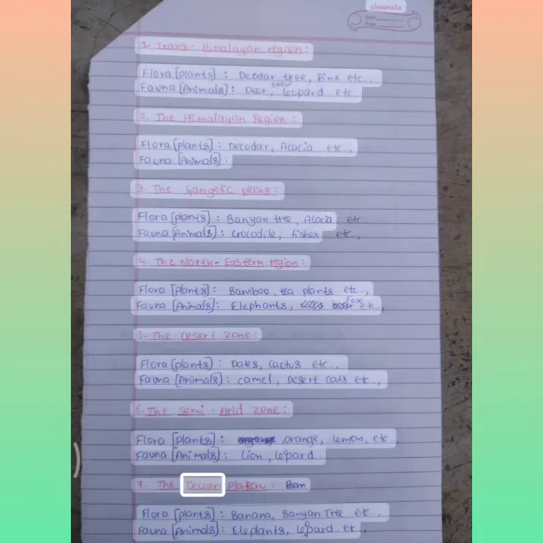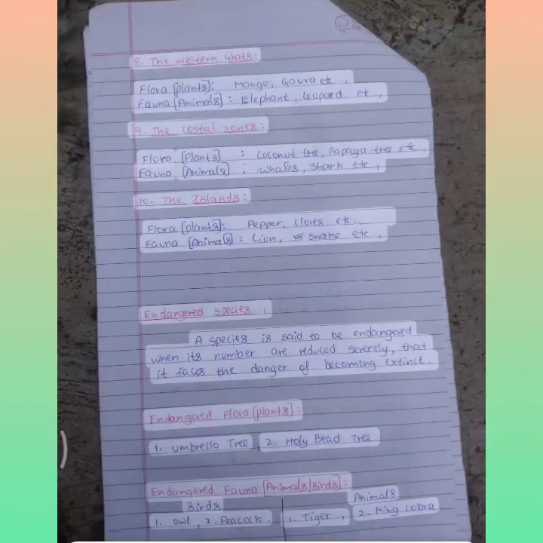7. The Deccan Plateau. Flora, plants: banana, banyan tree, etc. Fauna, animals: elephants, leopard, etc. 8. The Western Ghats. Flora, plants: mango, etc. Fauna, animals: elephant, leopard, etc. 9.